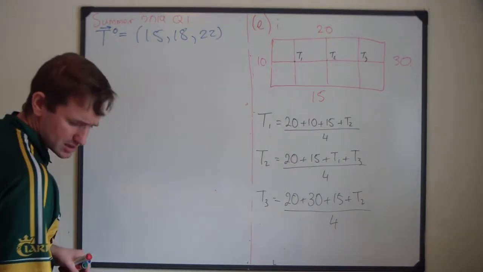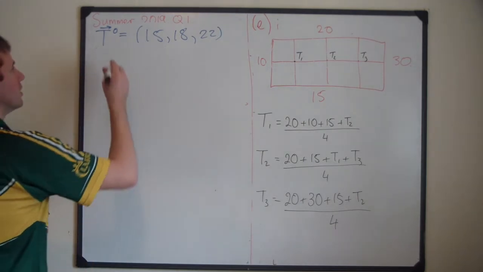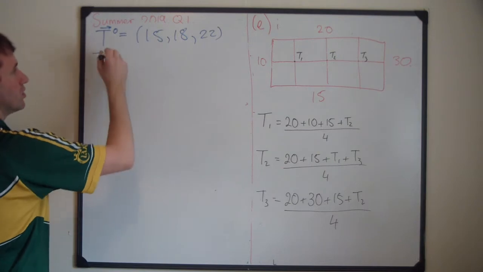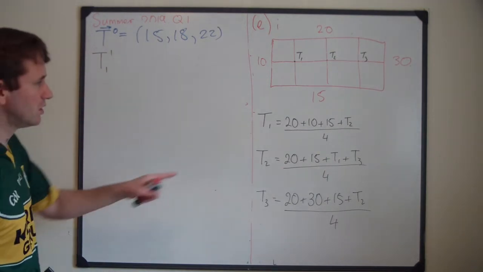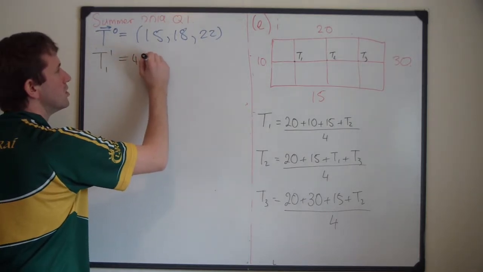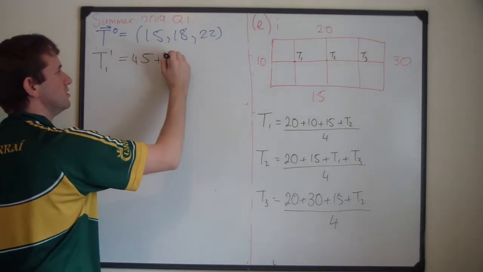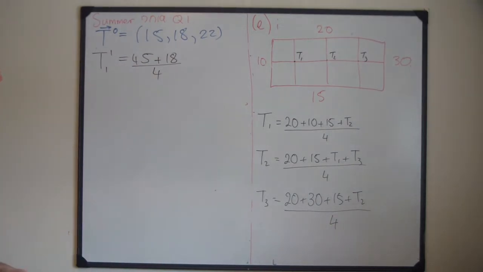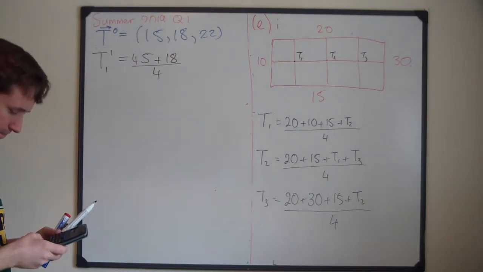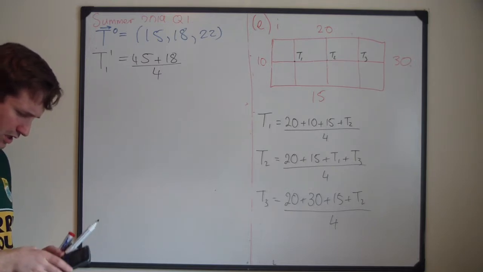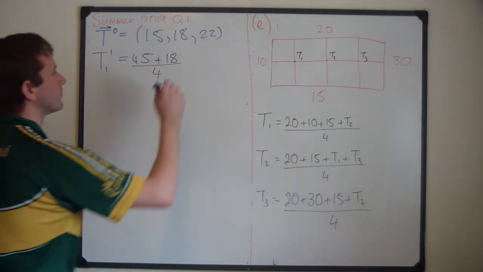Okay, and it's asking for 3 significant figures, no bother. So T1 first, so the first iteration, so I call this temperature 1, first iteration. So these numbers add up to 45, plus the previous T2 is 18 over 4, and we'll round this to 3 significant figures. I get 15.8.